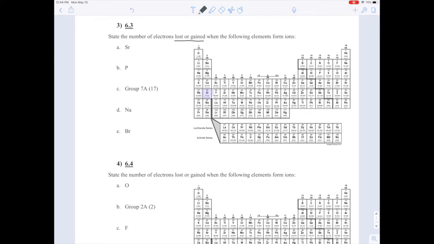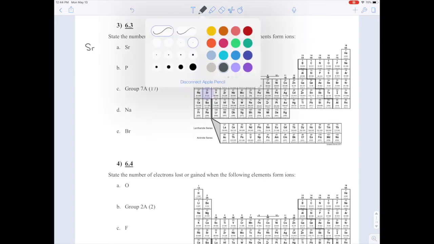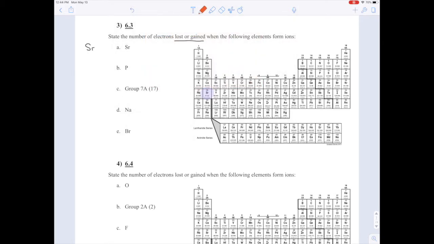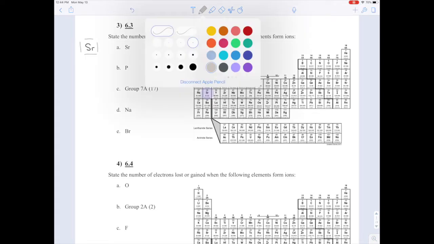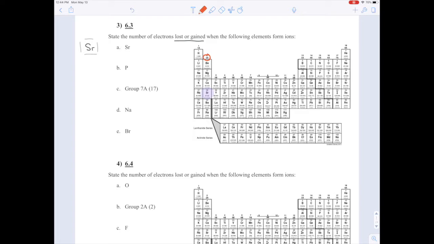So here, to draw the symbol, you can write the Sr, and then you would want to note that because strontium is in 2A, it has 2 valence electrons. You can imagine this strontium as having 4 different sides, and you would want to put one electron on each side before you start pairing them up. So, for example, 1, and it doesn't matter which side you start on.